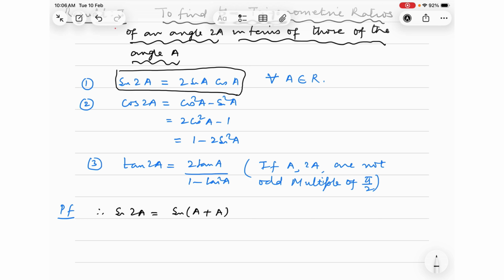Now remember, in the previous chapter, the second chapter of trigonometry, compound angles, we had written the sin of A plus B formula, if you remember.